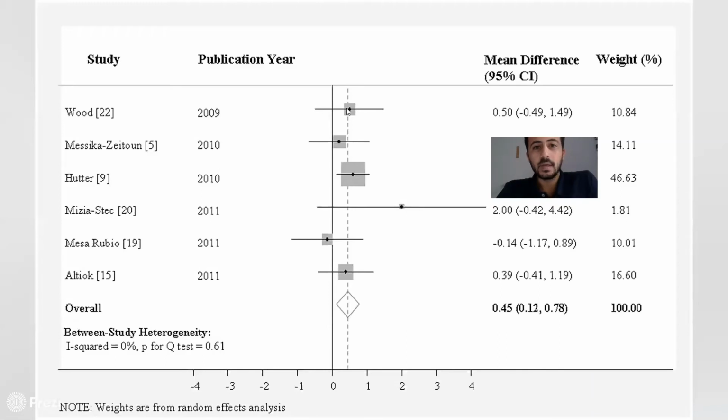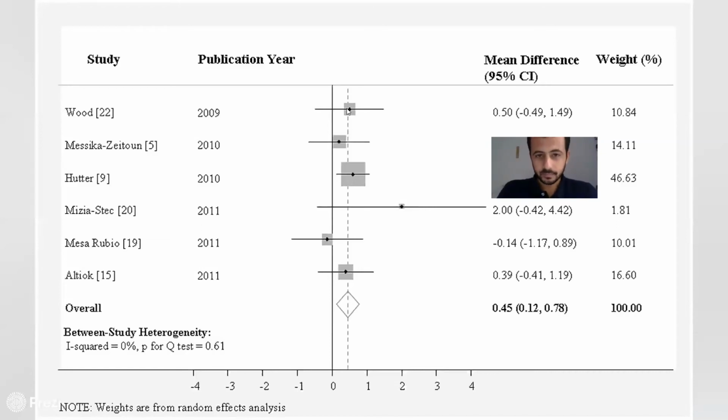Less variance. What is the most important thing that contributes to variance? Sample size. So higher sample size will give me lower variance, a tighter confidence interval, and higher weight.